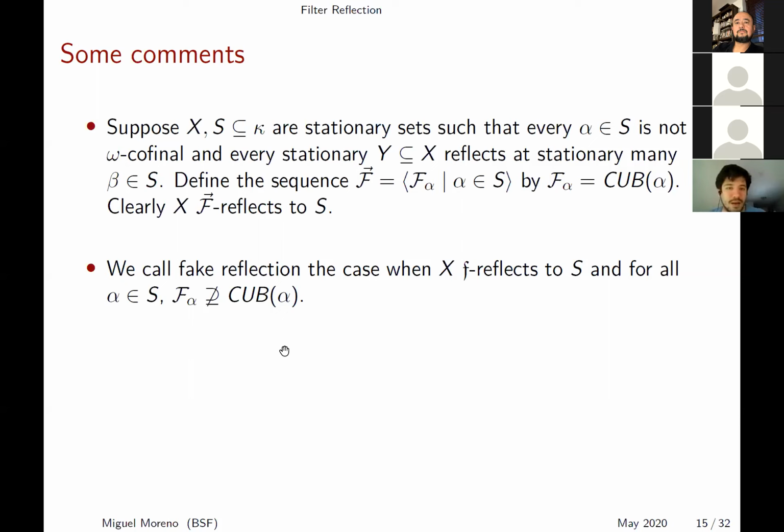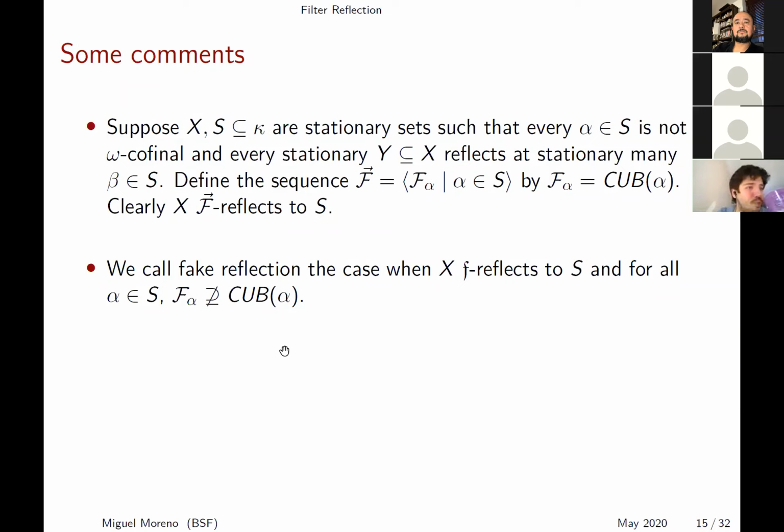So fake reflection is that you have this filter reflection, but it's not the stationary reflection, because stationary reflection is just one particular case of filter reflection. But it's kind of very far away from stationary reflection. Because you're actually missing the right notion, since you're reflecting F alpha, but F alpha does not contain the club filter on alpha.